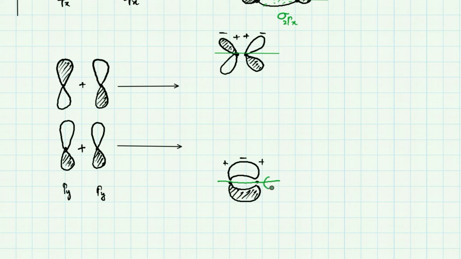And if we rotate about this axis, the electron density is not symmetrical. So this is called having a pi symmetry, and this is a pi bond. This is also a pi bond. This will be pi 2py or 2pz, and this one is pi star 2py or 2pz.